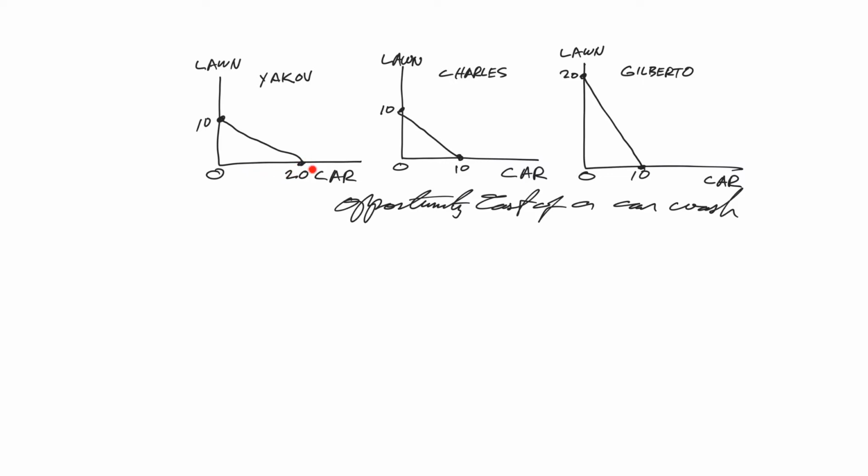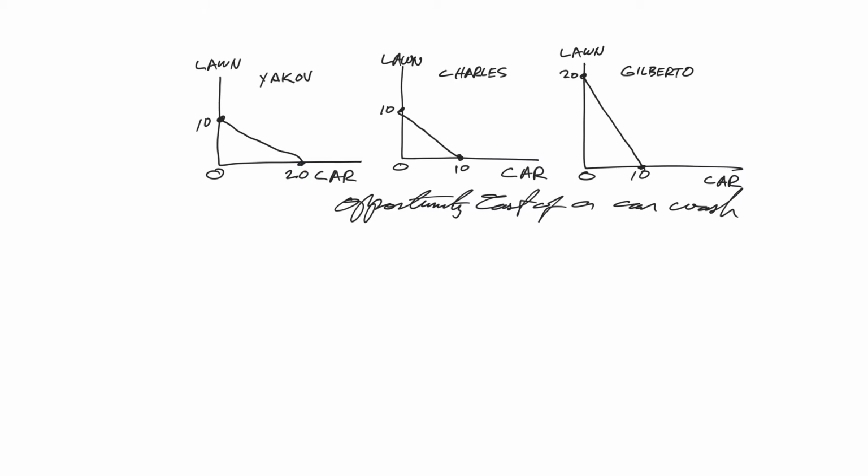Well, we only have 2 points to deal with. Okay? And it's a linear curve. We make that simplifying assumption that there's a constant trade-off. So here we are. If he goes from 0 to 20 car washes, what happens to his lawns?